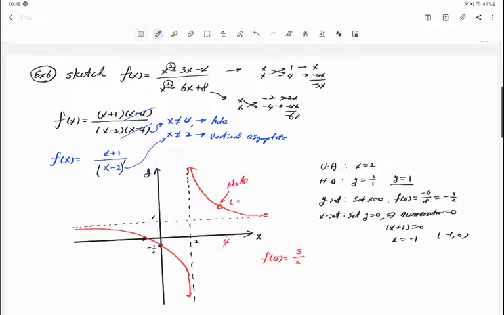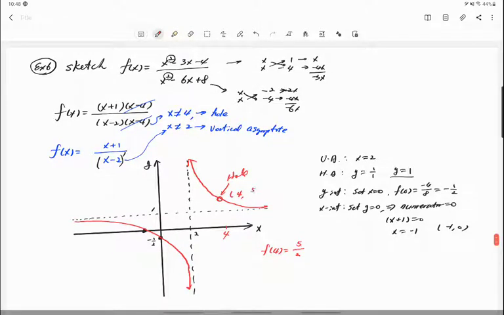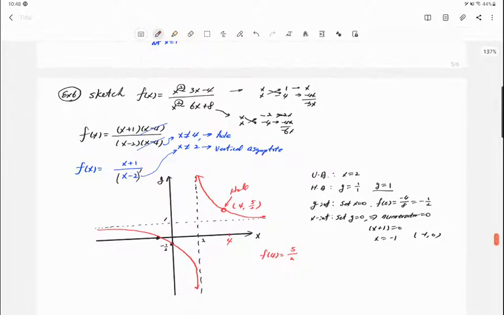The location of the hole is when x equals 4, y equals 5 over 2, or 2.5. Make sense? So that's the graph. When there's a common factor, we can remove it, but make sure there is a hole at that common factor.